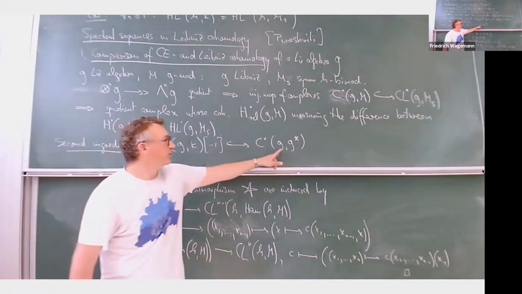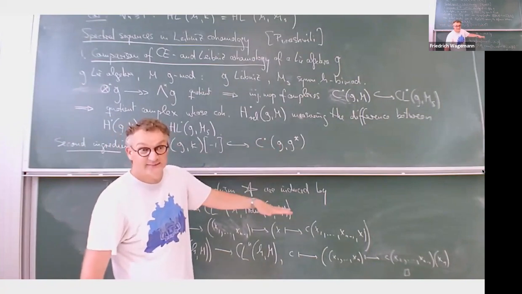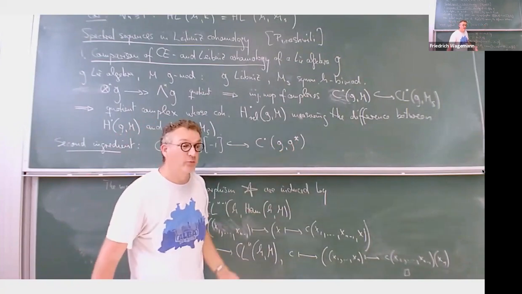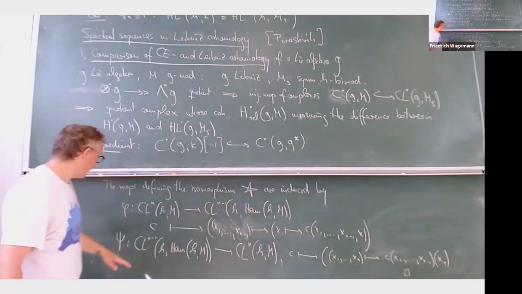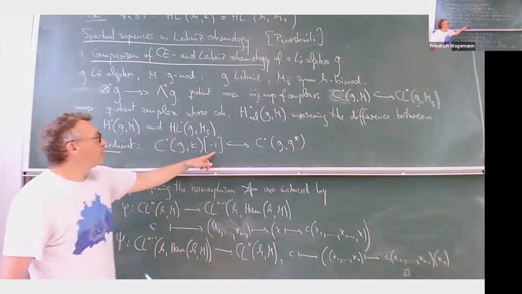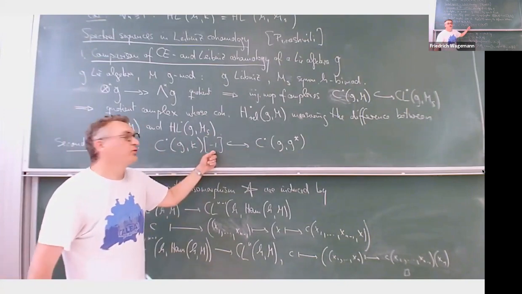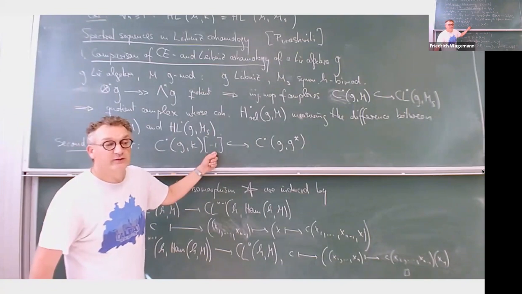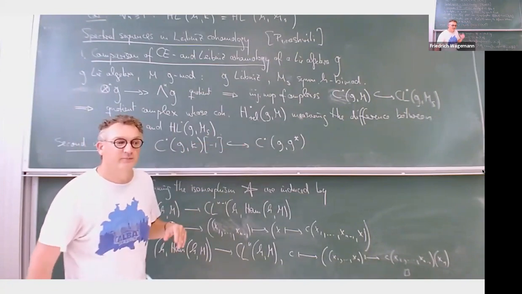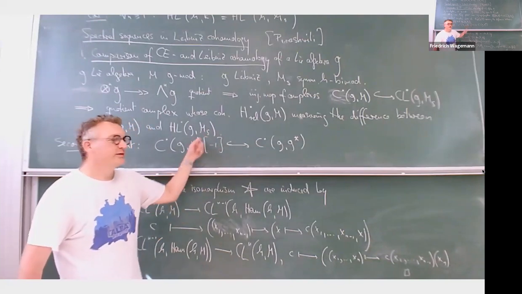So you get cochains of one order less, but with values in G star. This is exactly what we had in this corollary up there. And because you have cochains of one order less, you have to readjust the degree of this complex in order to make it a map of complexes, meaning preserving the degree. This is why you have this degree shift here.